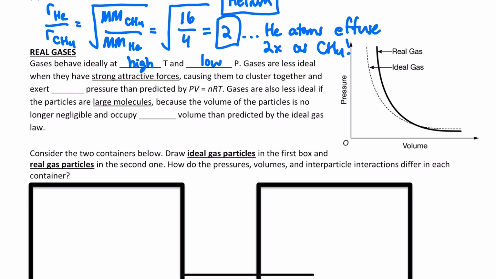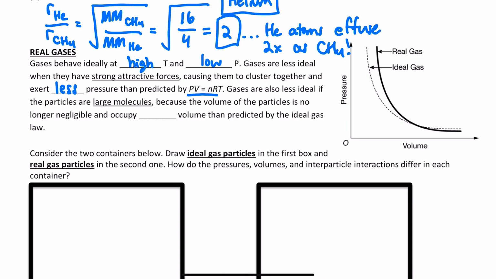We're going to get to what types of forces those are later on, but this causes them to cluster together, and as a result, they exert less pressure than predicted by the ideal gas law. So if we see a deviation where the observed pressure is lower than what we're going to calculate, that means it's likely due to strong attractive forces between those gas particles.